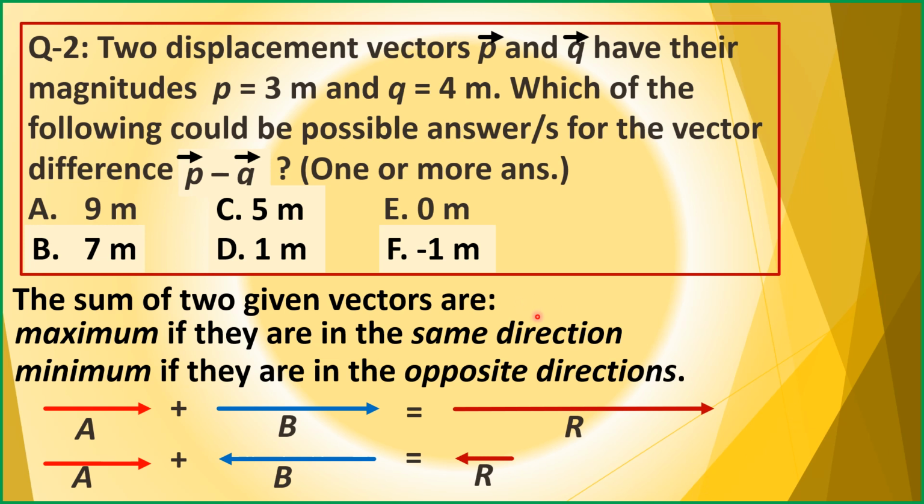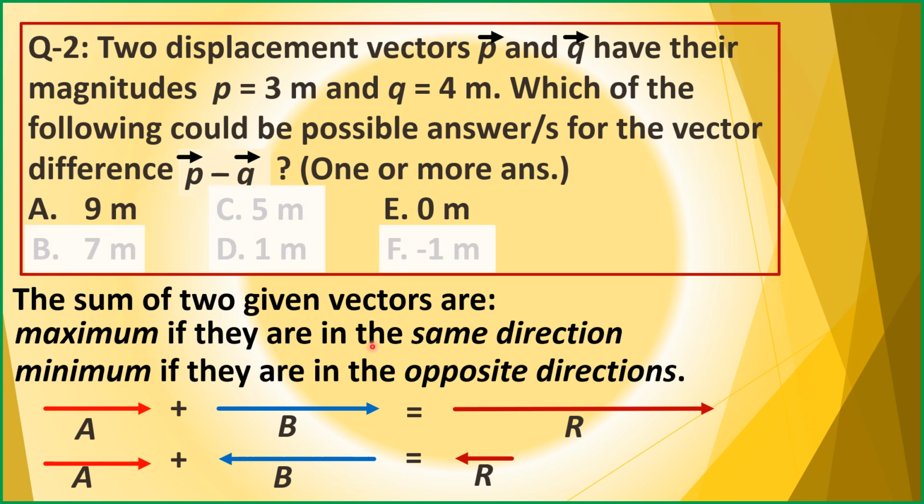So, to finally summarize our answers for this question, the correct answers are letter B, 7 meters, letter C, 5 meters, letter D, 1 meter, and letter F, negative 1 meter. The two options, letter A, which is 9 meters, and option E, which is 0 meter, are not possible answers.